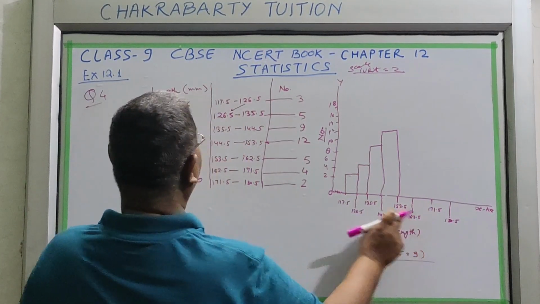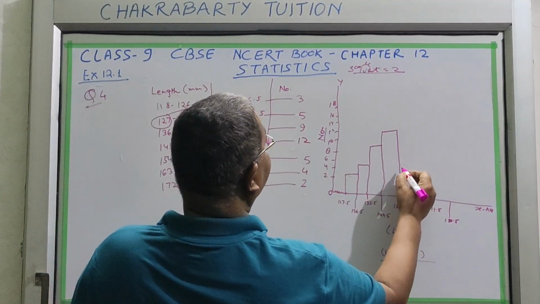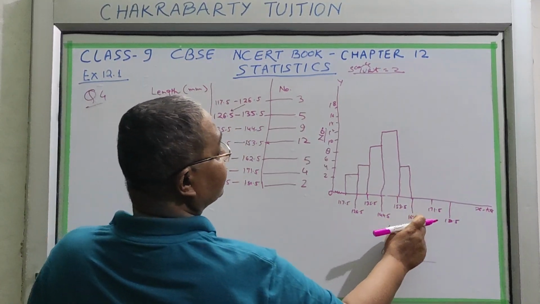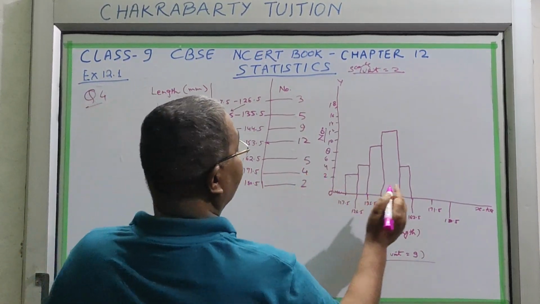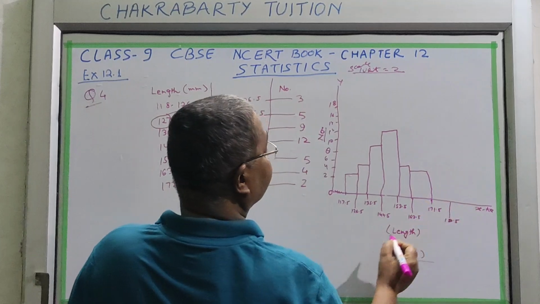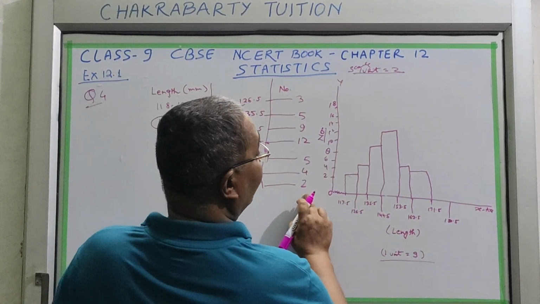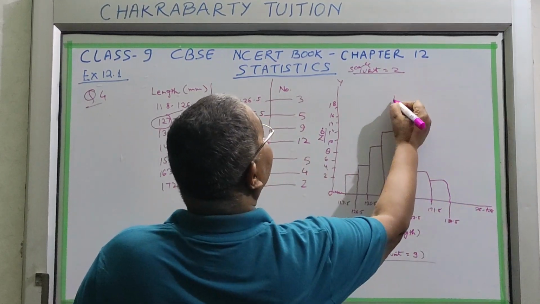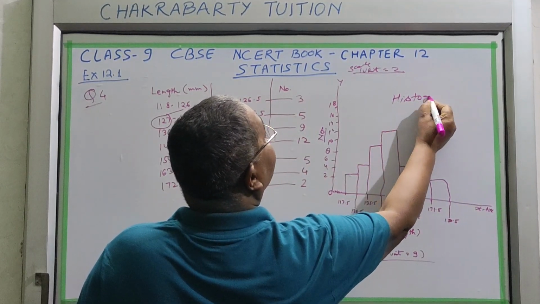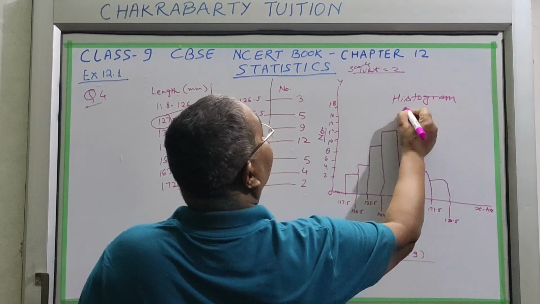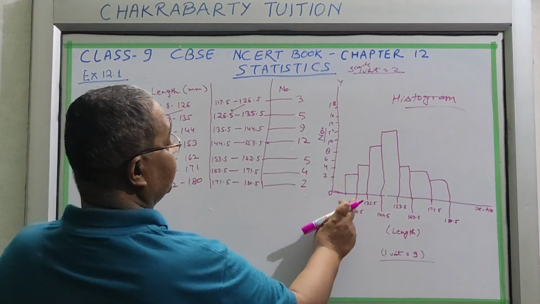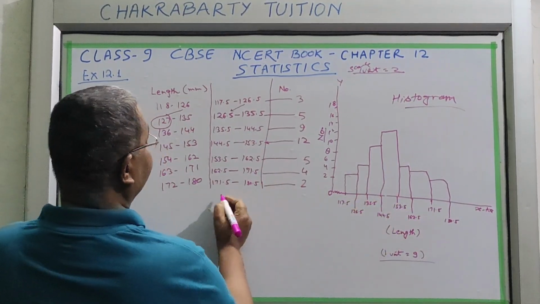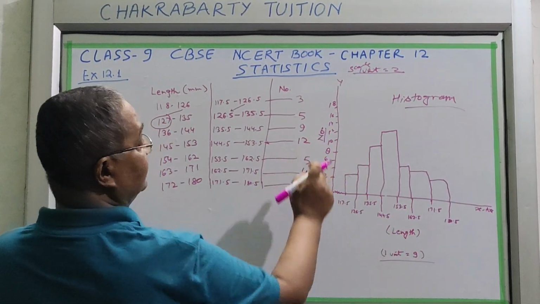Then 153 to 162 it is 5, so again it will come down to 5. Then 162 to 171 it is 4, so it will come here, and here it is 2. So this is your histogram. The shape will be like this. So this is a continuous series, and it is this way.